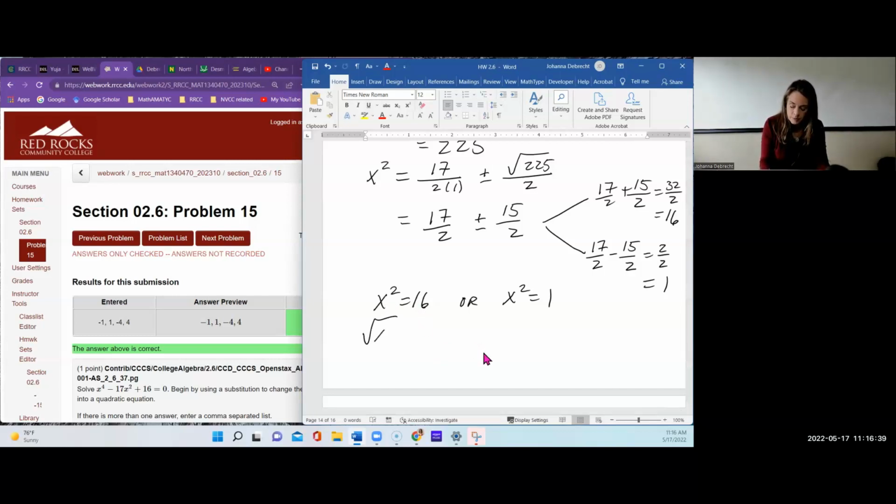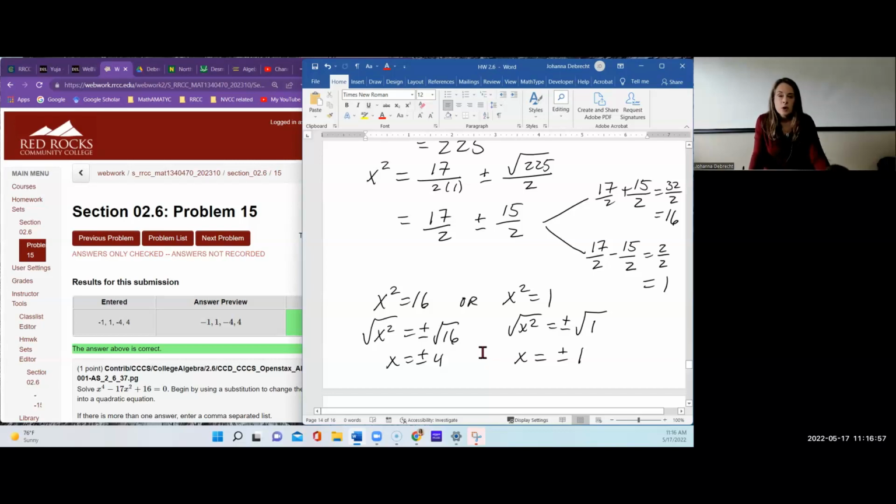So I have to remember to put in a plus or minus. And that gives me my plus or minus 4 and my plus or minus 1. So yes, it can be solved using completing the square or the quadratic equation. It's just a little bit more complicated in that you're not getting x, you're getting x squared.